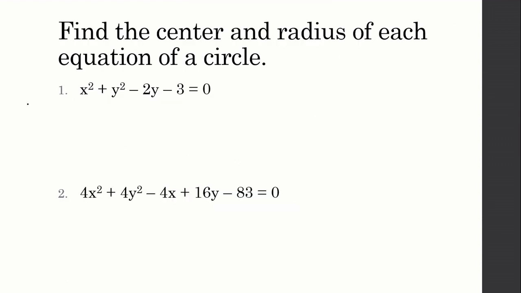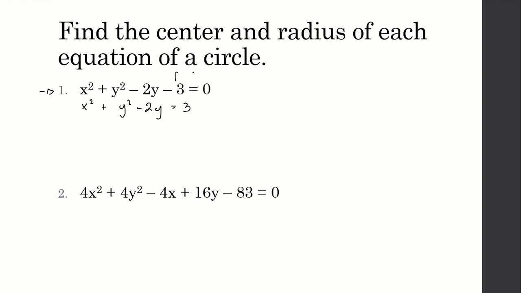For this slide, we need to find the center and radius of each equation of a circle. Now, to get the radius and center, we need to apply the concept of completing the square. So for number 1, let's answer x squared plus y squared minus 2y equals positive 3.